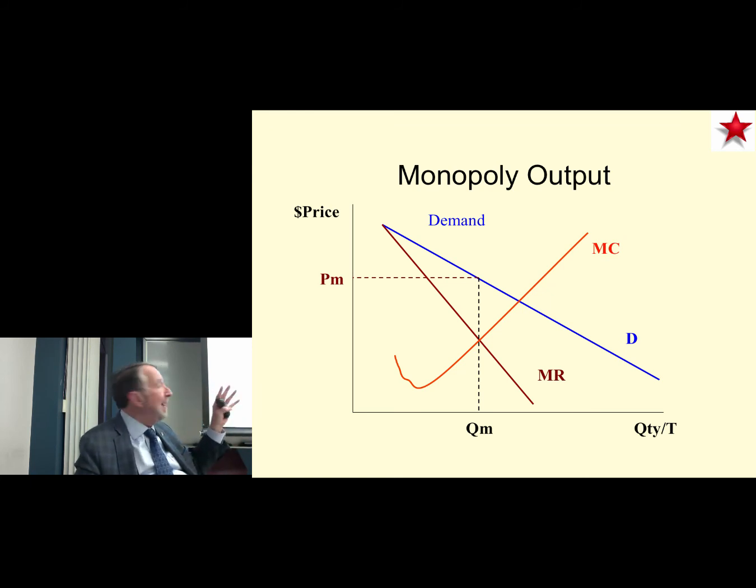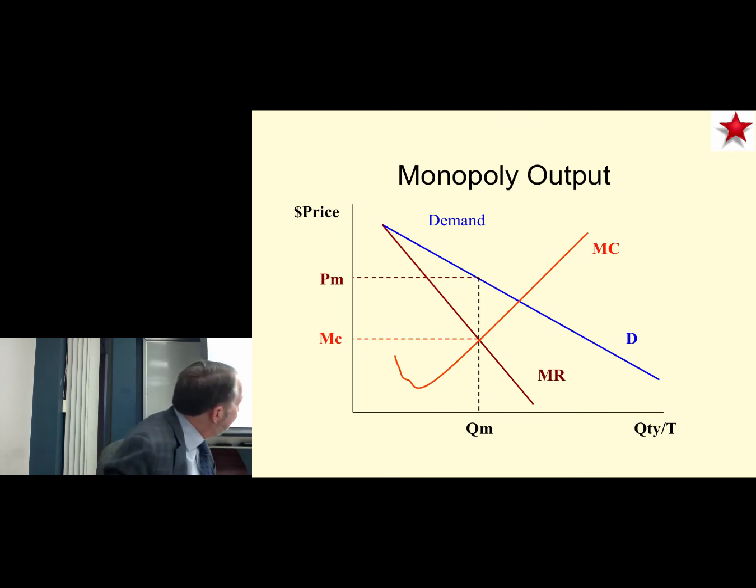When you go up to the demand curve and across, if you charge that price, that's the quantity people will be willing and able to buy. And so that's the profit maximizing rate of output for the monopolist. Now we notice something different, though, and that is that marginal revenue, in this case, is greater than marginal cost.